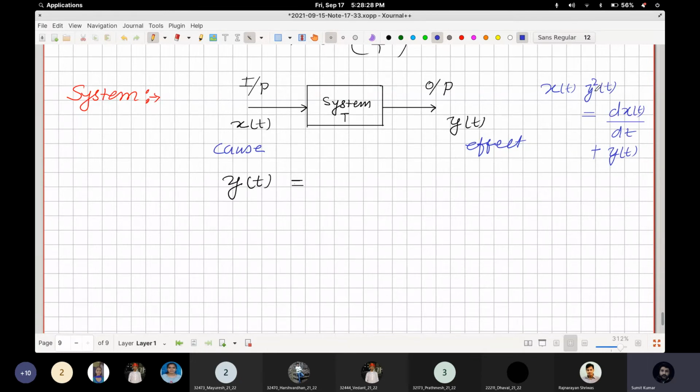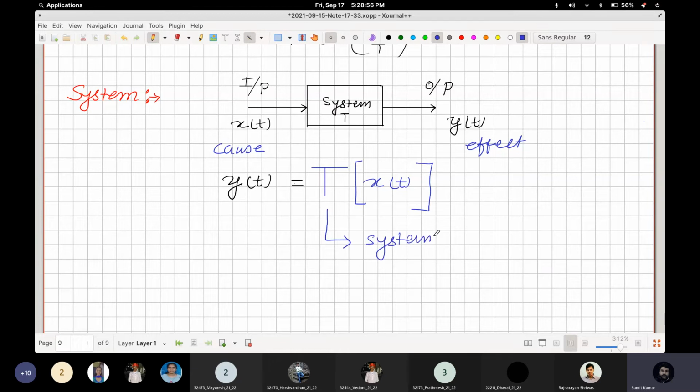But here is a relationship between input and output. These kinds of relationships are always called a system. So y(t) can be written as T of x(t), where T is the mapping and x(t) is your input signal. This T is called the system, and more specifically it is called the system description.